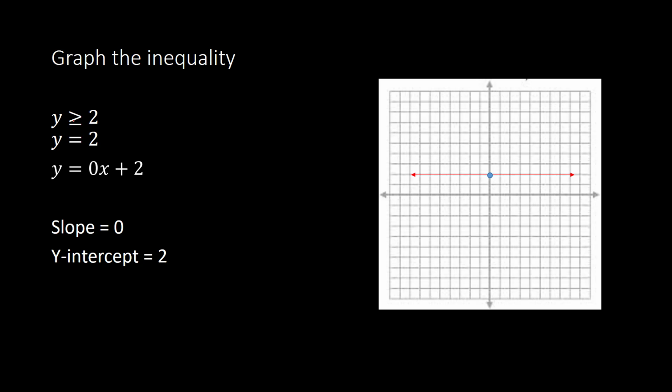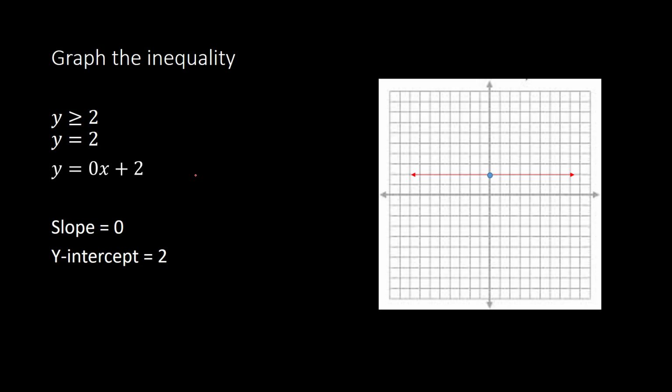Okay, and if you don't want to think through it that way, that's fine. You could just look at the fact you have y equals 2 and realize that no matter what x is equal to, y would always be 2. X could be 1, x could be 0, whatever. Y would always be 2, which would create this horizontal line. Either way, we get the same line. And now we need to determine, is it going to be a solid line or a dotted line?